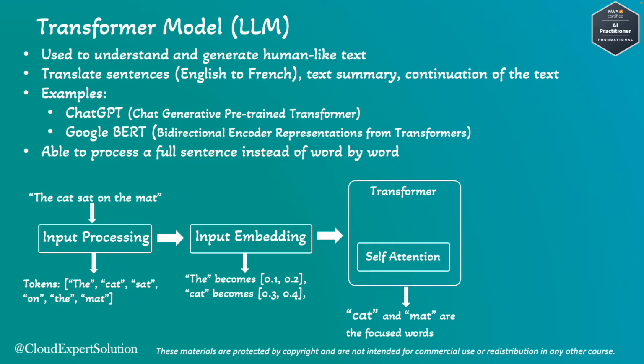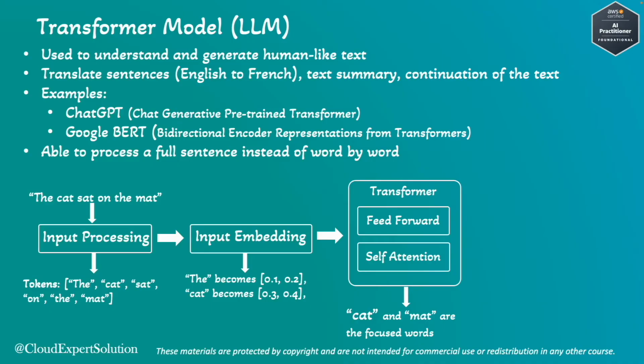From the sentence, the cat sat on the mat, it might focus on cat and mat to understand the main idea, because cat and mat are the two main ideas that it might find in the attention mechanism phase. The next part is layers of processing. The model has several layers and each layer refines the understanding.